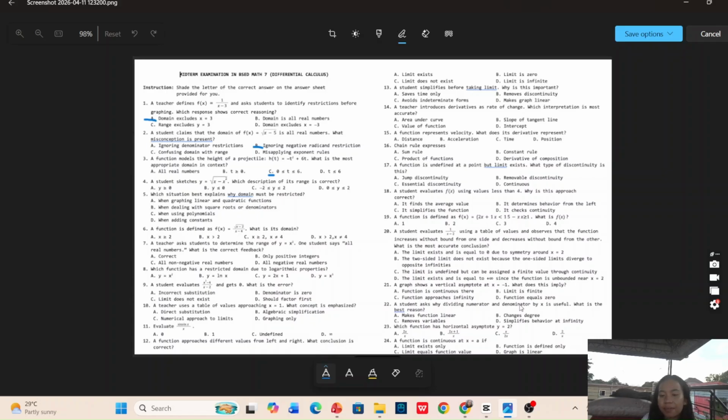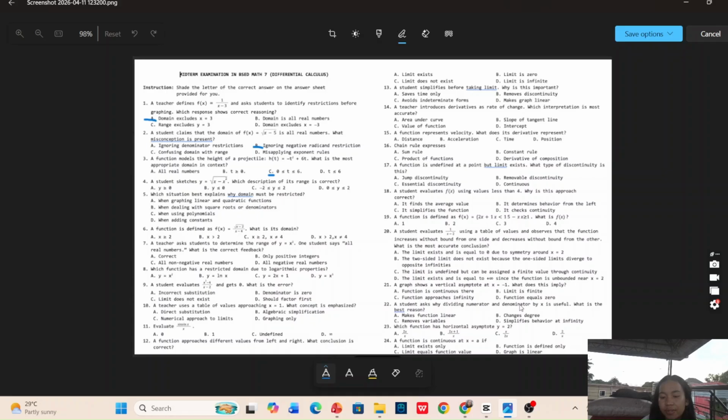As far as I can remember about horizontal asymptotes, there are rules. When the degree of the polynomial of the denominator is higher than the numerator, then it must be zero. But vice versa, when the degree of the polynomial of the numerator is greater than the denominator, then there is no horizontal asymptote.